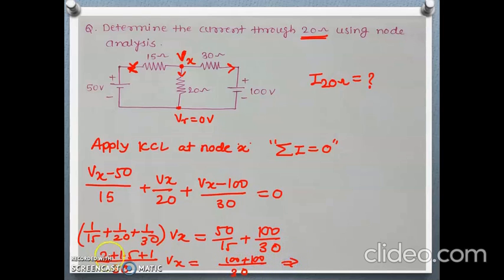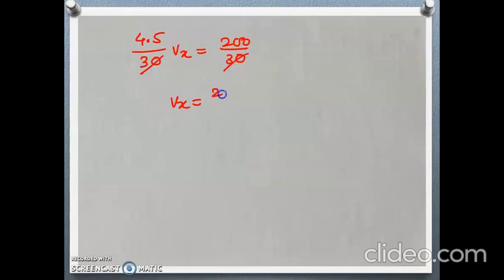That means 2 plus 1 plus 1.5 is 4.5 divided by 30, into Vx, equals 200 divided by 30. So this 30 and this 30 will cancel, and Vx equals 200 divided by 4.5.